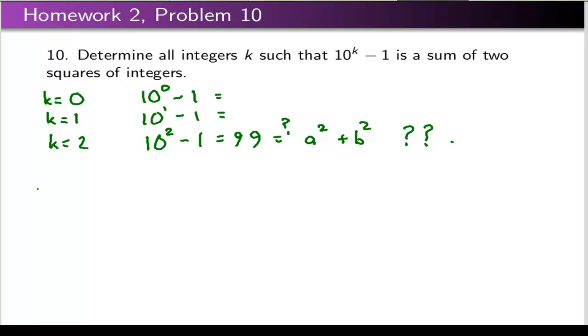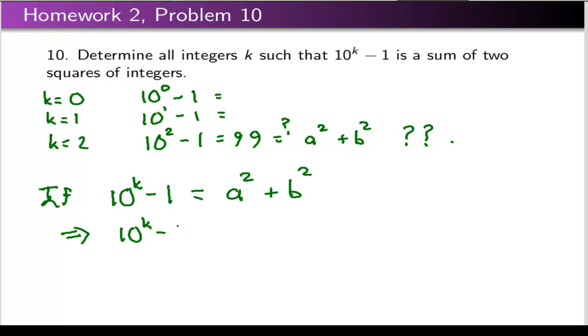So if 10 to the k minus 1 equals a squared plus b squared for some integers a and b, well, that would imply in particular that 10 to the k minus 1 is congruent to a squared plus b squared mod m for any value of m.